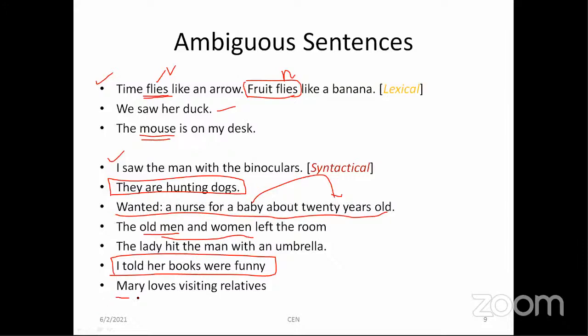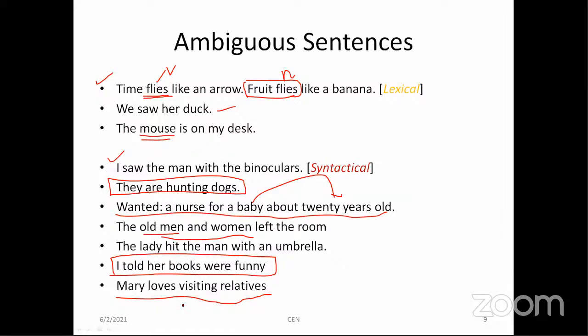The last one: Mary loves visiting relatives. What are the two meanings for the last one? Mary loves visiting, whether the relatives are visiting or she is visiting.